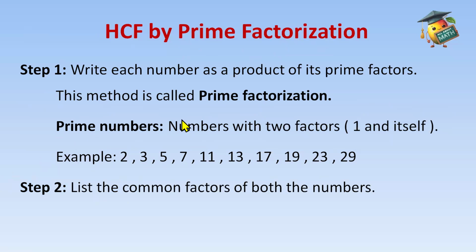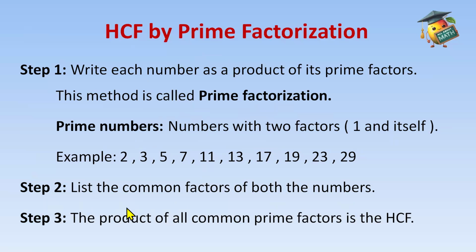Now, after you have written the number as the product of prime factors, you'll list the common factors of both the numbers. Whatever the numbers are, whether it's 2 numbers or 3 numbers, you'll find the common factors. Then you'll do the product, means multiply all the common factors, and you'll find the HCF. So simple steps.